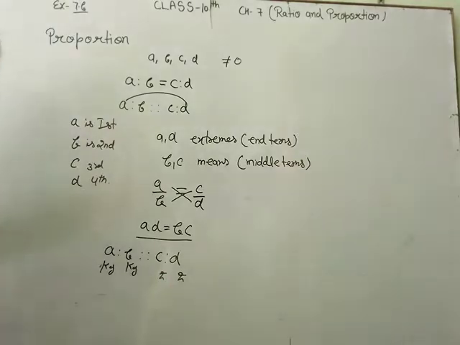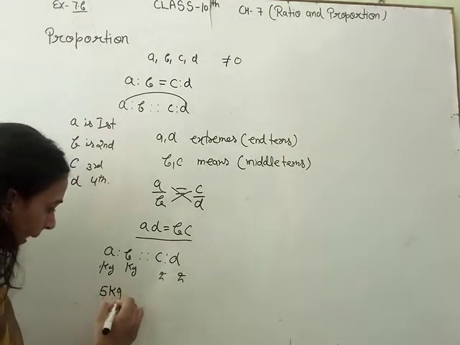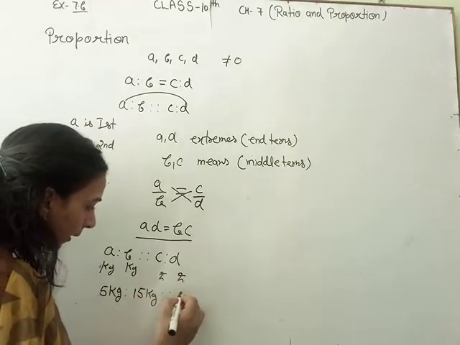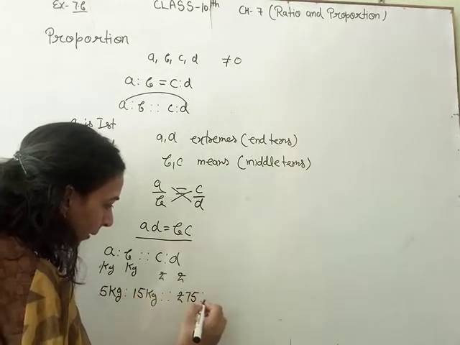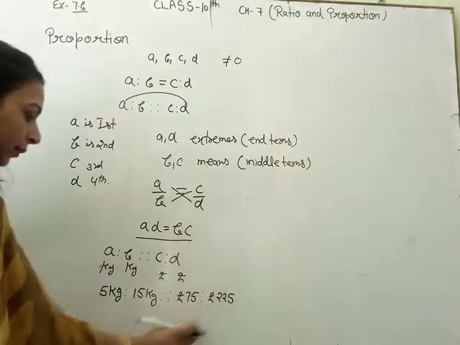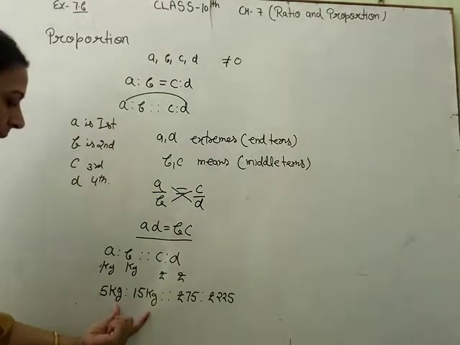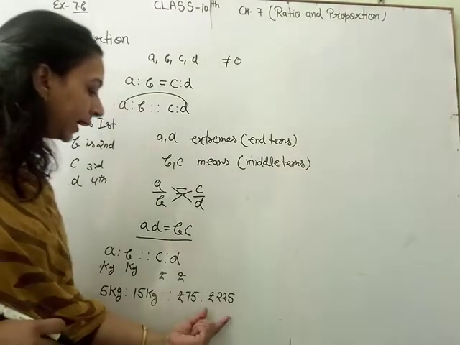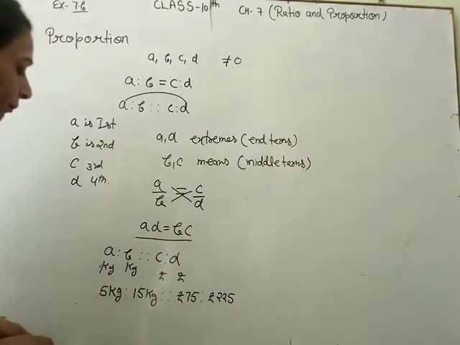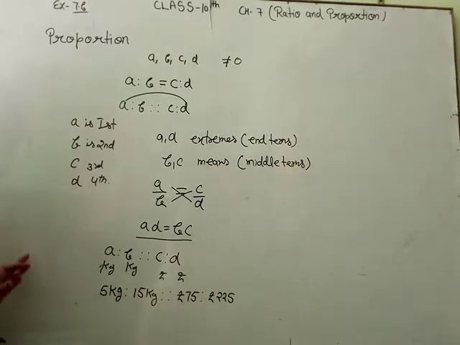For example, 5 kg ratio 15 kg proportional rupees 75 ratio rupees 225. Both are the same kind, same unit, kilogram, and these are the same kind, same unit, rupees.